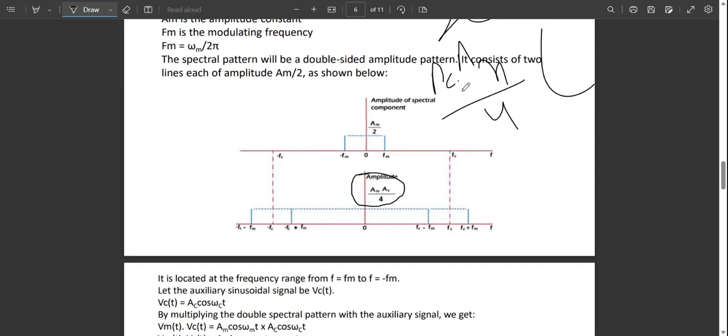So this will be the formula, and the amplitude will be Ac into ma by 4.